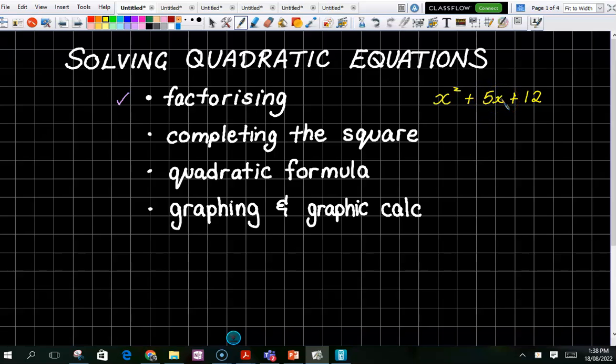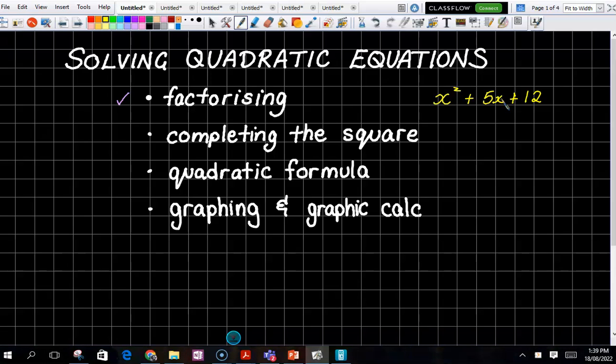There are no numbers that when you times them together give you 12, but will add up to be 5. It just can't happen. So sometimes that could be, well, there's no solution, and sometimes it means that they're yucky solutions. So they're decimals. And there's no way that we could trial and error and guess them using factorization methods. Do we agree? So lucky for us, we've got another option.